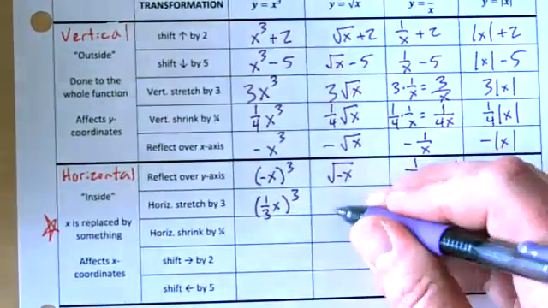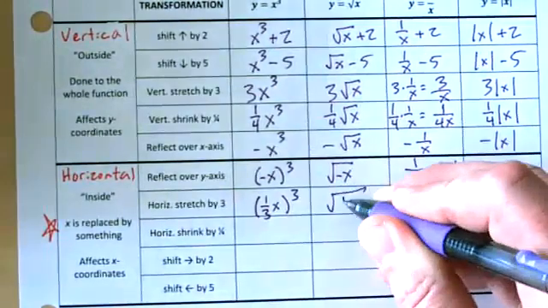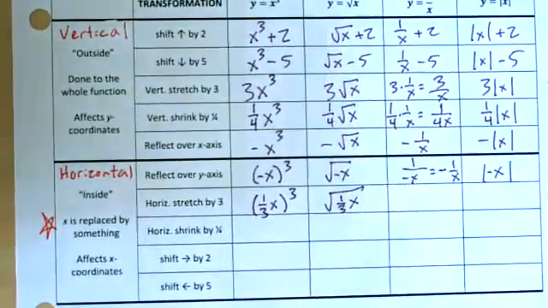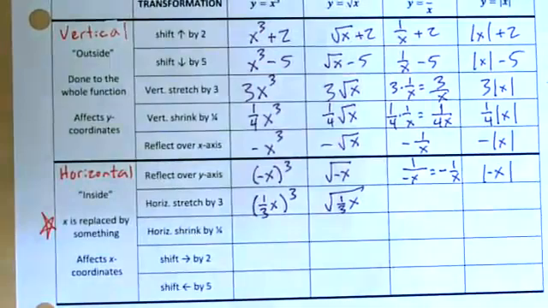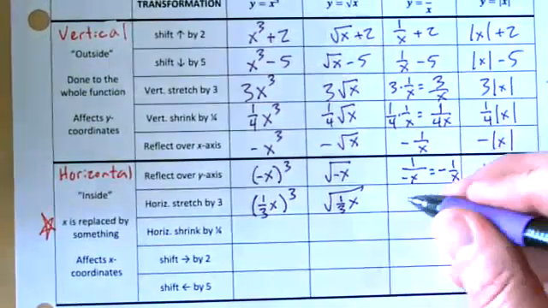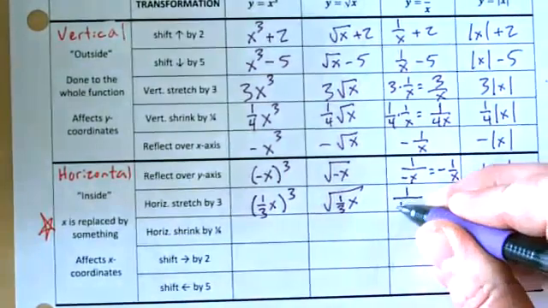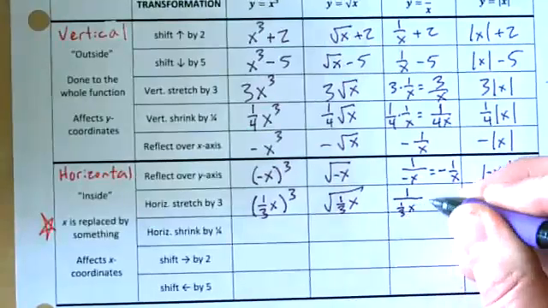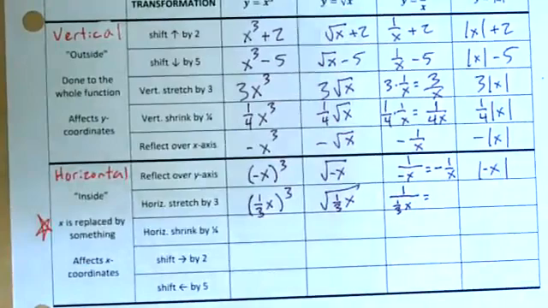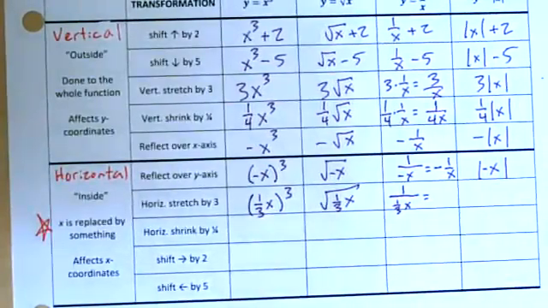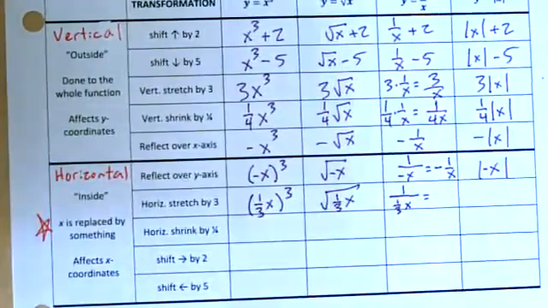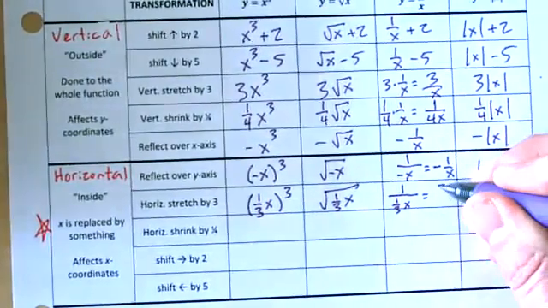Okay, so our square root function, pull the x out, multiply it by 1/3, put it back in. Our reciprocal function, pull the x out, multiply it by 1/3, put it back in. Definitely want to clean that up. That is 3 over x, isn't it?